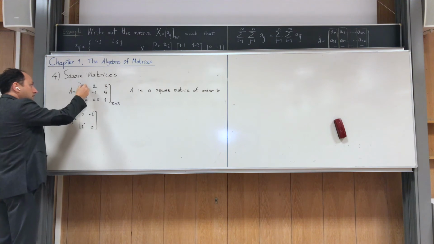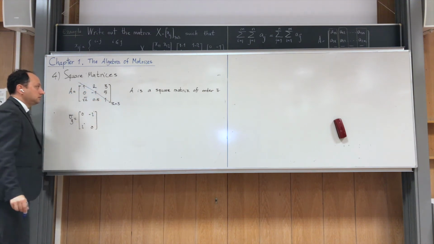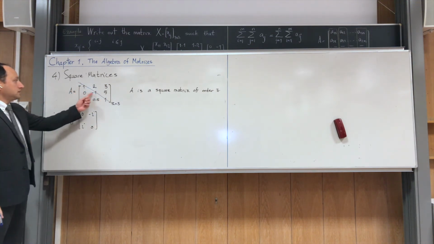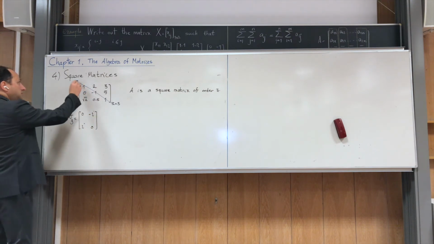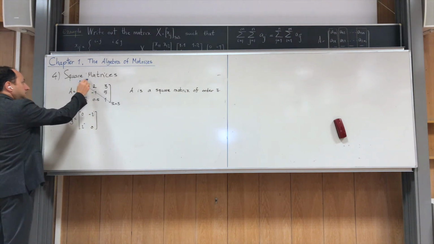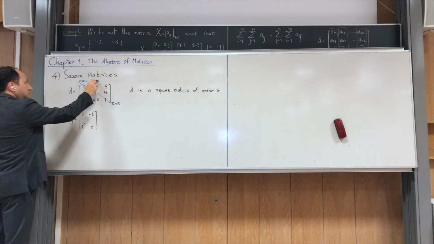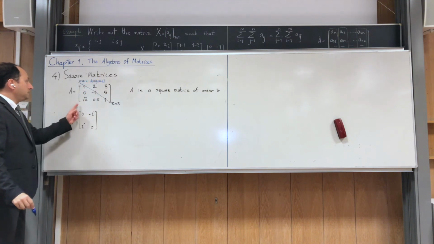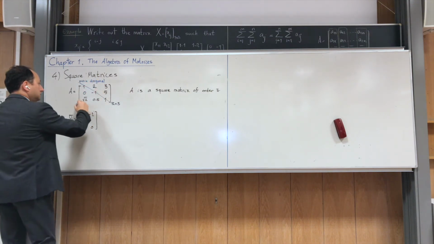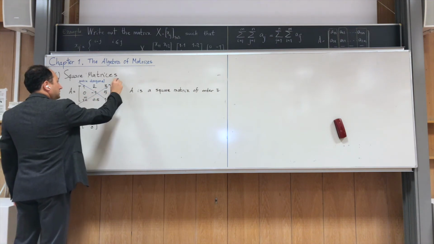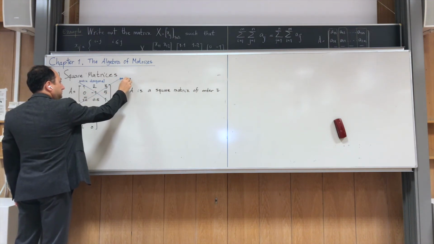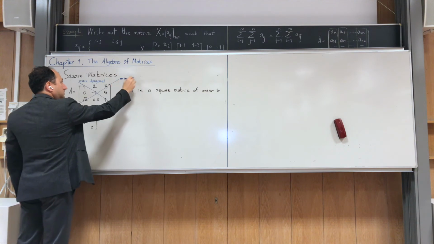So the entries on this diagonal are called the entries on the main diagonal. So this is the main diagonal. And then entries on the other diagonal are called the minor diagonal. The entries of the minor diagonal.